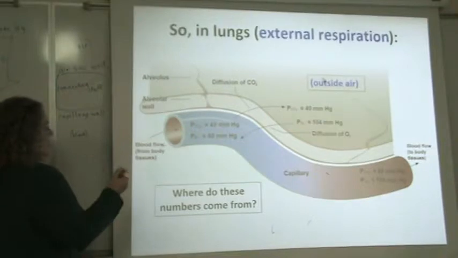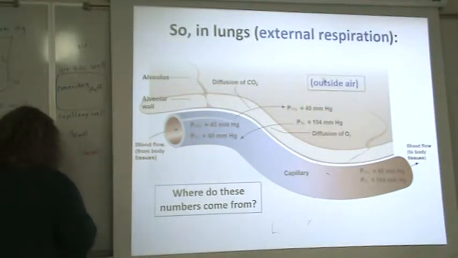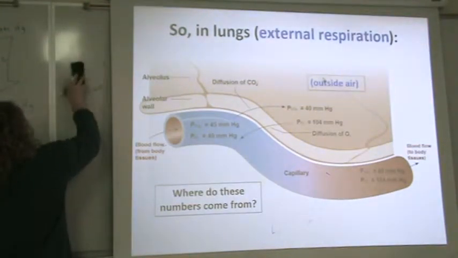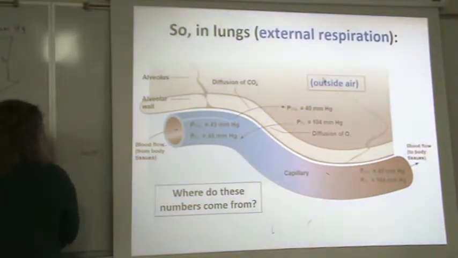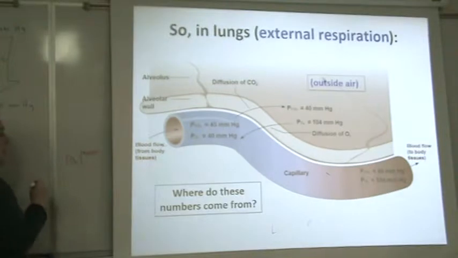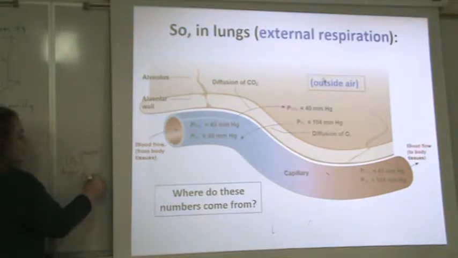Let's write some extra on here. So blood that's coming in from the tissues has lower oxygen concentration, higher CO2 concentration.